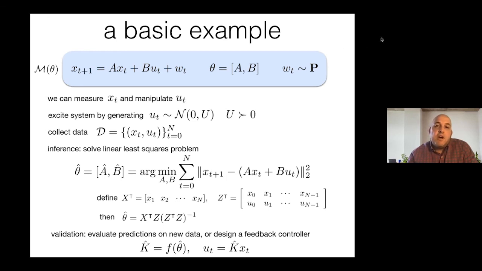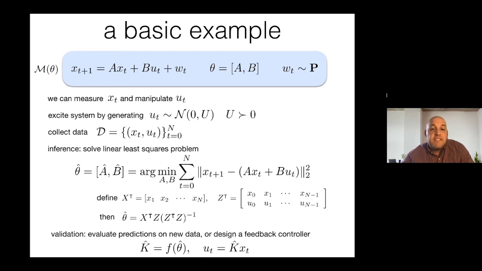And then we might model this noise as being drawn according to some probability distribution that has zero mean, say a Gaussian distribution. And the idea with this basic model is that we're going to assume that we can measure the state vector and we can manipulate this input signal u. One thing that we can do is just excite the system by generating the input signal randomly.